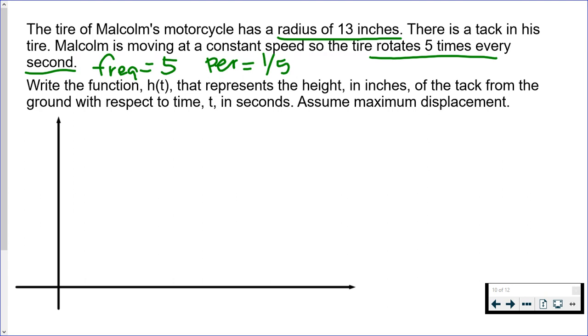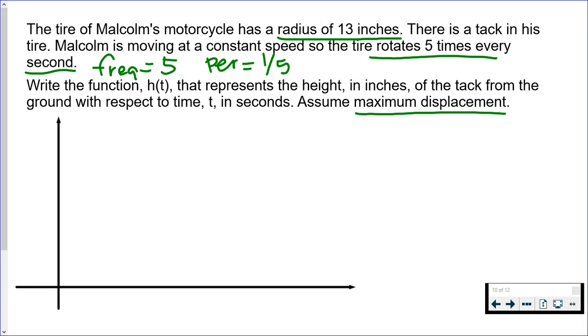We're going to write the function, we're going to call it h of t, which is going to represent the height of the tack from the ground over time, which is in seconds. This part right here, assume maximum displacement, means that we are going to start at the highest point on the graph.